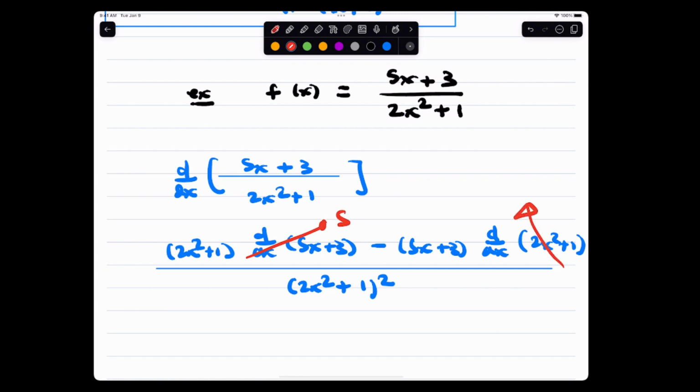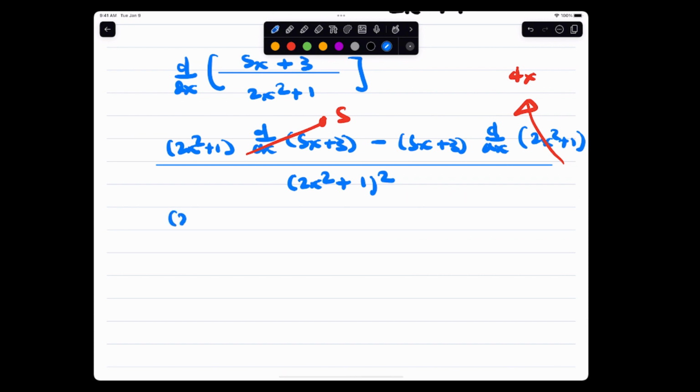5. What's this? 4x. So I could be faster if I skip steps.